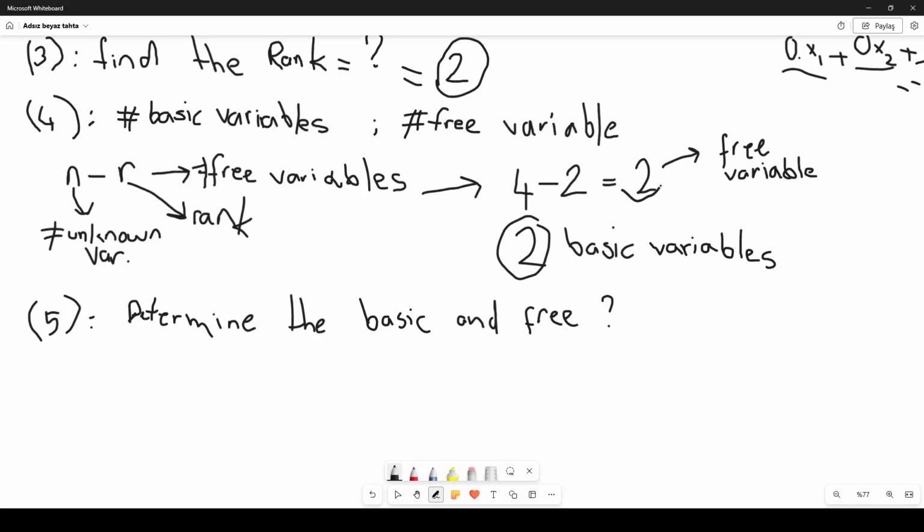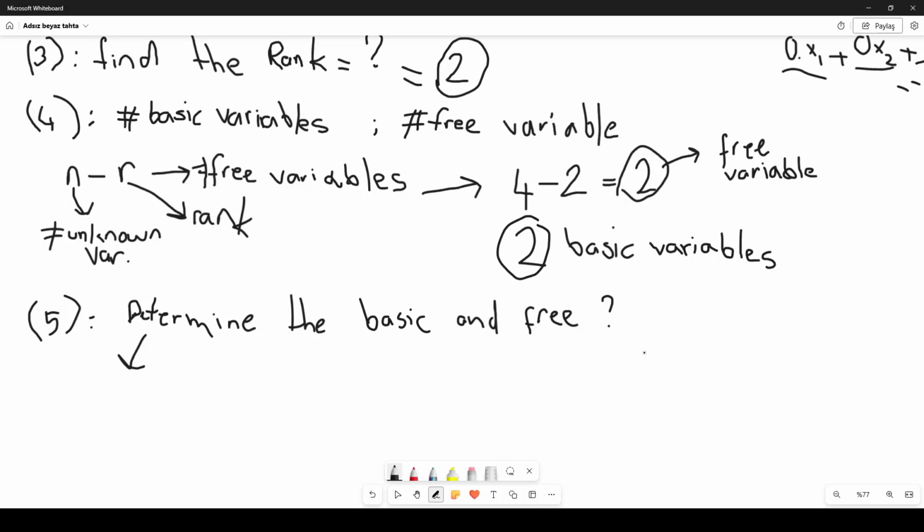Now we know the number of free variables and the basic variables, and it is time to decide who these variables are. Basic variables are those that correspond to the basic columns, and free variables are those that correspond to non-basic columns. We know how to find the basic and non-basic columns based upon the previous lecture.